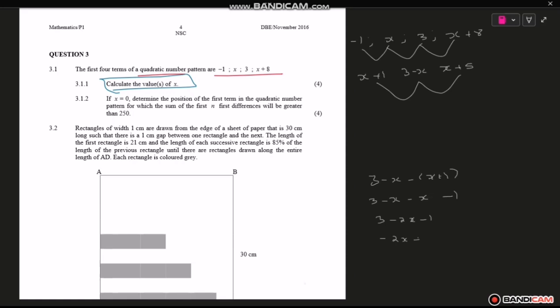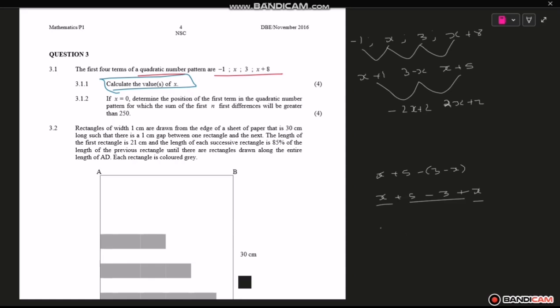Therefore minus 2x plus 2. Then we're going to say x plus 5 minus 3 minus x. Therefore x plus 5 minus 3 plus x. Then x plus x, we're going to have 2x. 5 minus 3 is 2. Therefore here we have 2x plus 2.